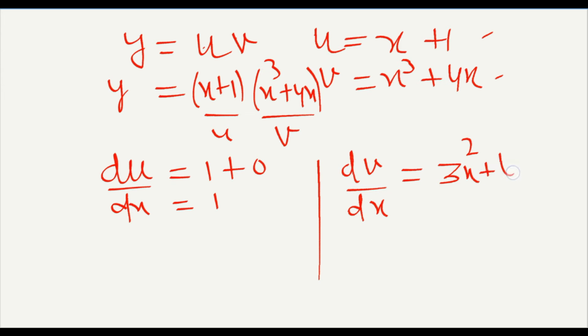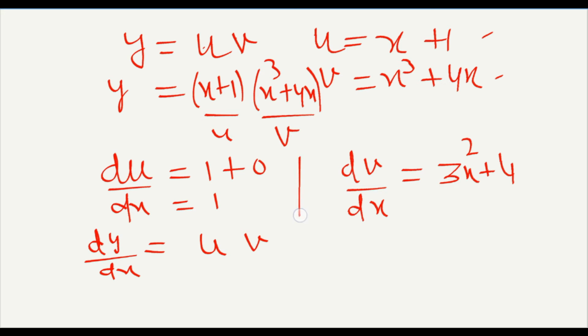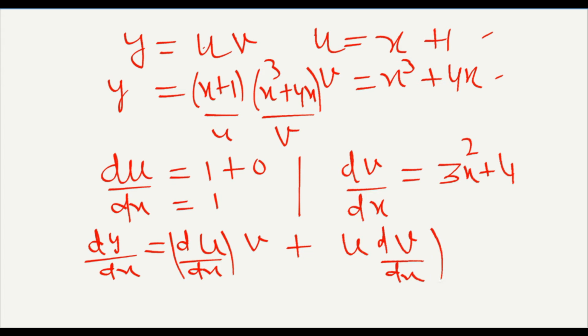plus 4. Now what was the formula of differential? You remember, dy by dx, write the functions u and v twice, and then plus, two times you have written. First you put the derivative with u and then you put the derivative with v.